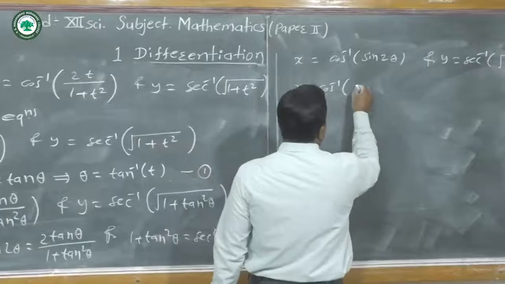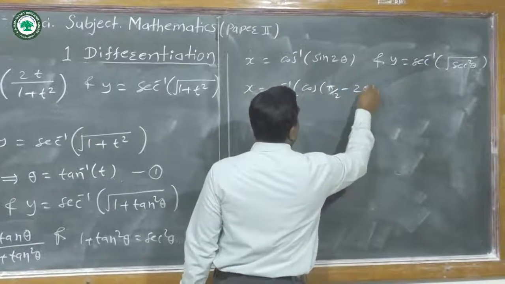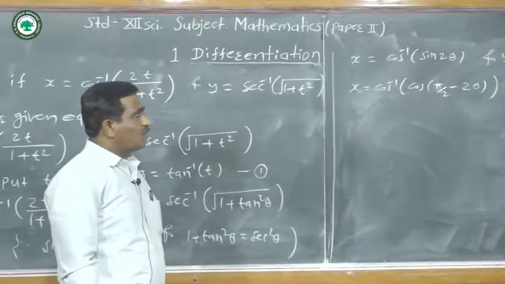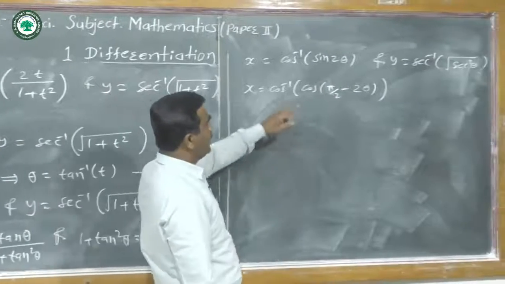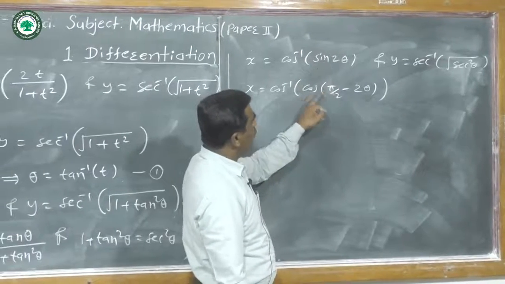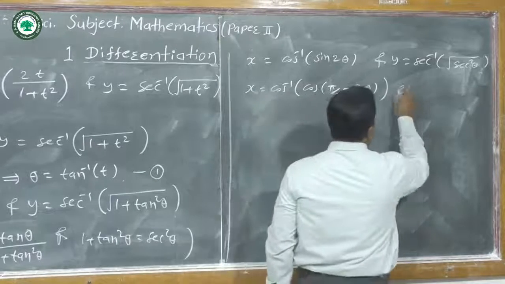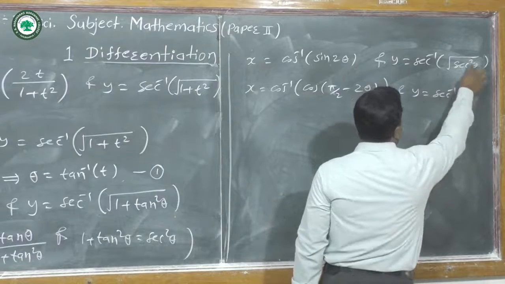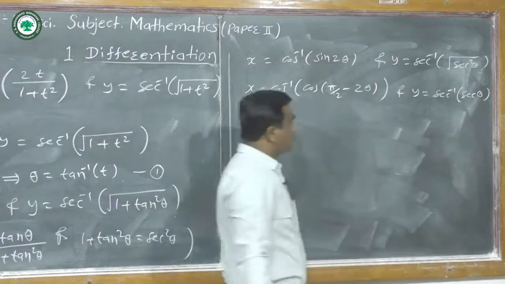Cos of pi by 2 minus 2 theta means sin 2 theta. Now y is equal to sec inverse of, here square root and square cancel, remains only sec theta.